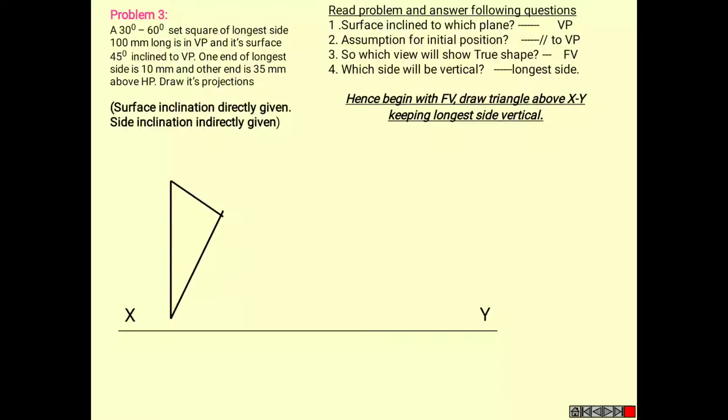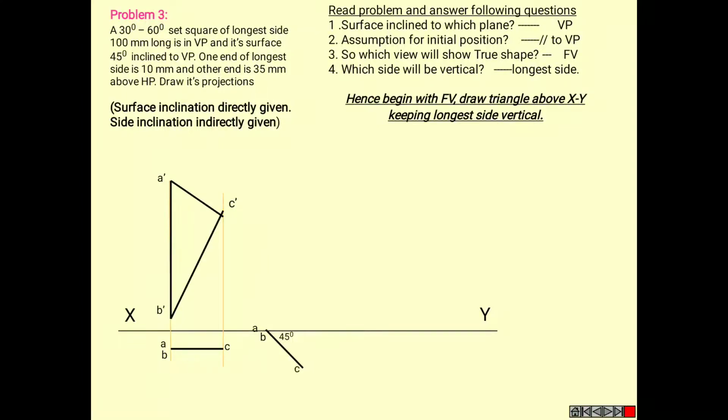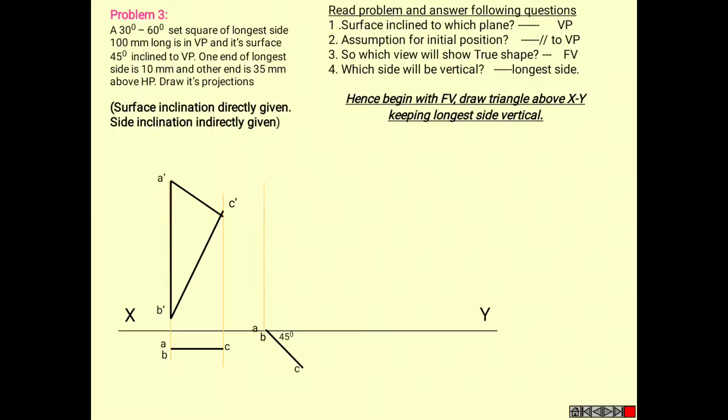Draw the triangle above XY, keeping the longest side vertical, which is A dash, B dash and C dash, and taking the projections, it looks like a straight line in your HP, which is A, B and C. Now one of its sides is inclined at 45 degrees, so make a line the same way by twisting it to 45 degrees and take the projections from above and from the side.